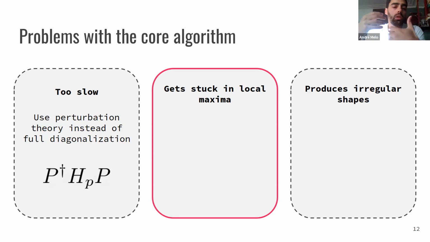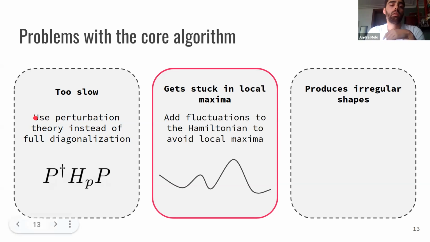And to solve this, we need to introduce some sort of stochasticity into the optimization, kind of heating or something like that. The way we solve it is by introducing fluctuations in the Hamiltonian. So at each optimization step, we introduce a small fluctuation to the magnetic field and to the chemical potential. And this allows the optimizer to circumvent these local maxima.